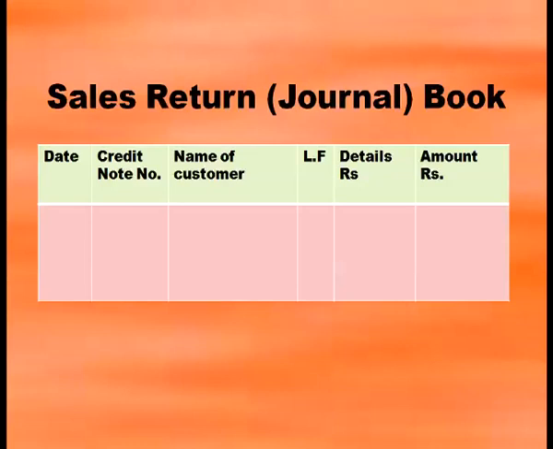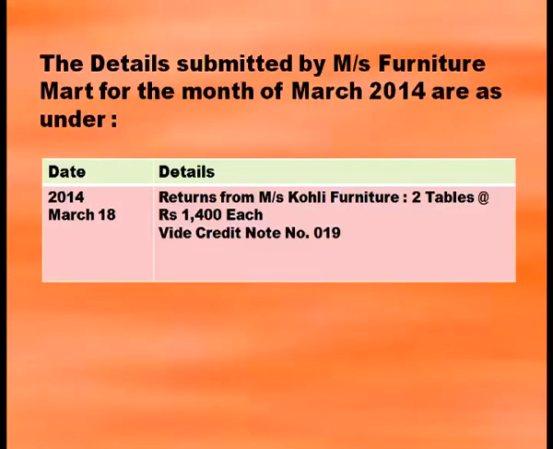We can also write it as sales return journal. It has columns like date, credit note number, name of the customer, ledger folio, details and amount. Here is a question. To prepare sales returns book, details submitted by Messrs Furniture Mart for the month of March are as under.